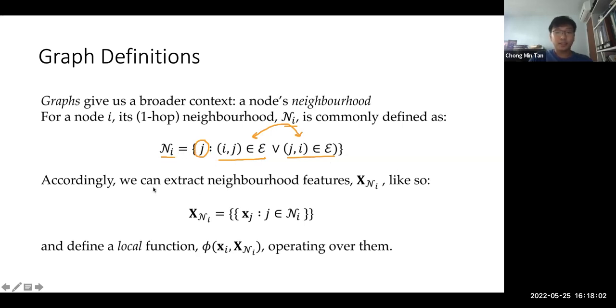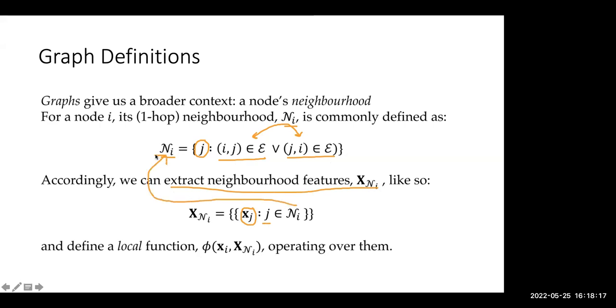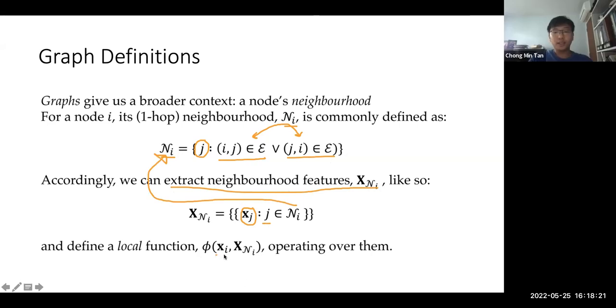Okay, and then there's a way to get the features in the neighborhood, which are basically the nodes within one hop distance. So it's all the node features x_j, for which j is in the one hop neighborhood here. For every node, what you will do is take the current node value itself plus the node features of the one hop neighborhood, and then pass this through a function phi.